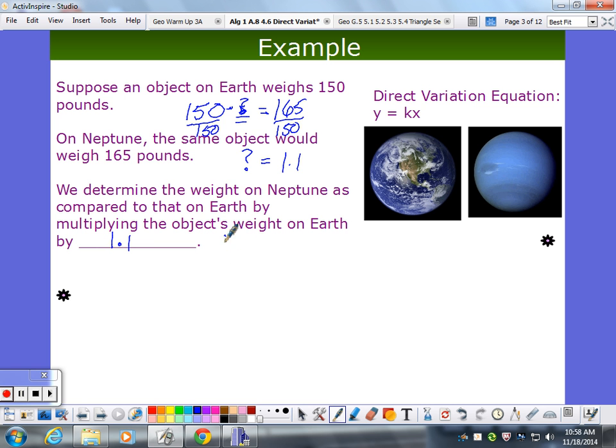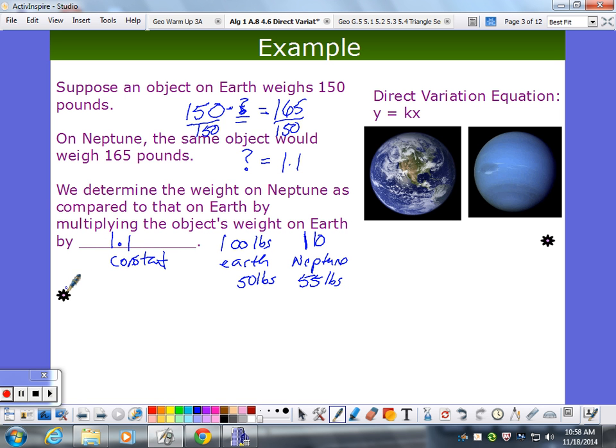If something weighs 100 pounds on Earth, what's it going to weigh on Neptune? 110. You're right. Can I do that for any weight? What if it's 50 pounds on Earth? 55. So you multiply by this number. This number is now a constant, right?